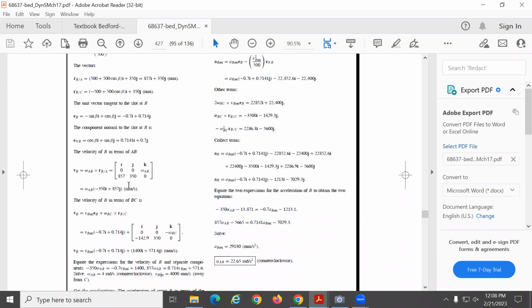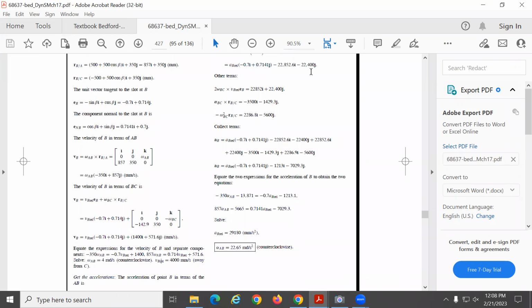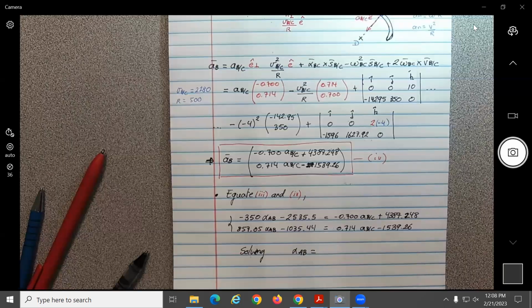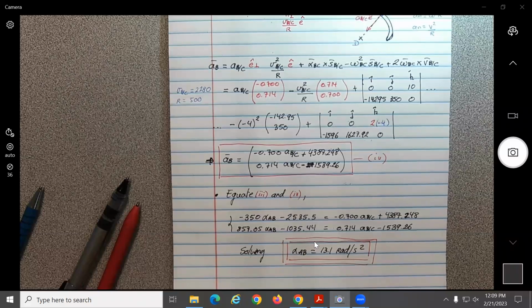All right. Let's see what we get and let me know. I think the process is correct. We're going to find out now. So we find 13.1.